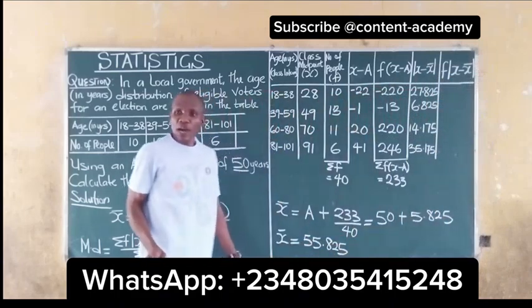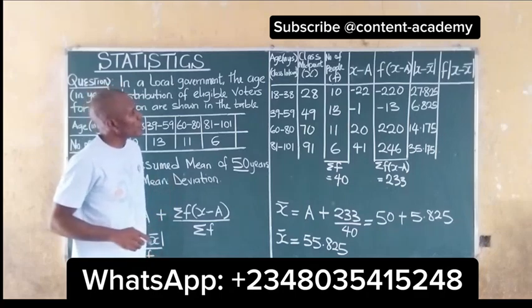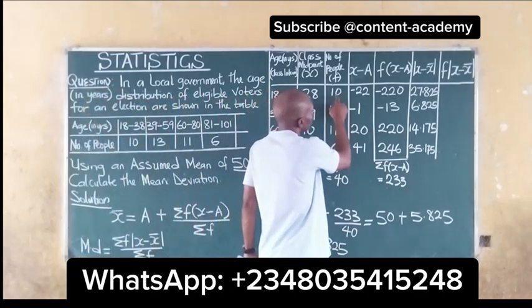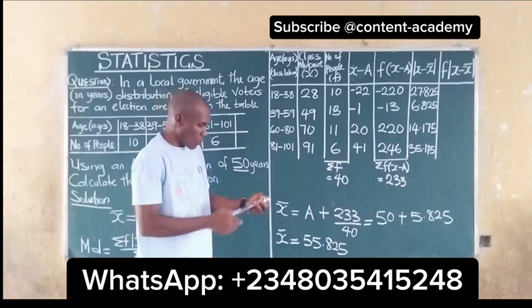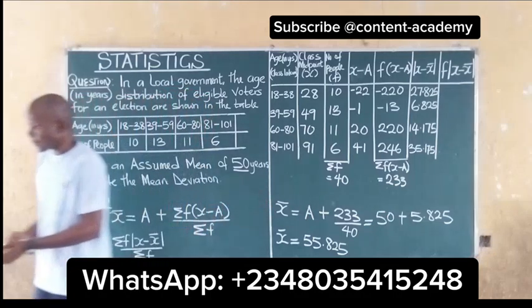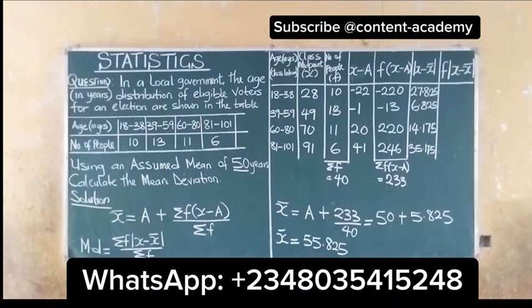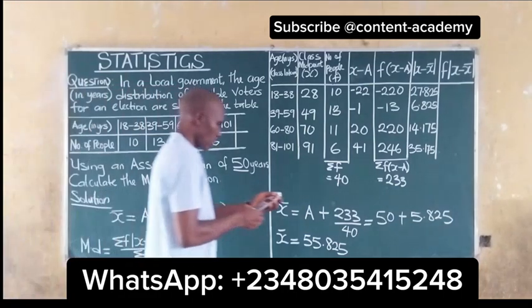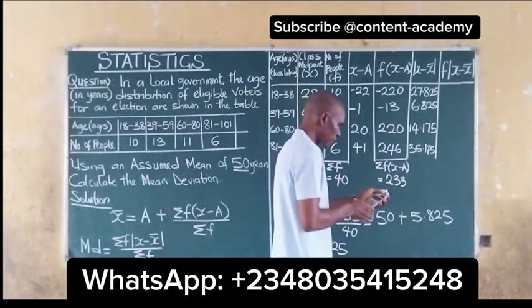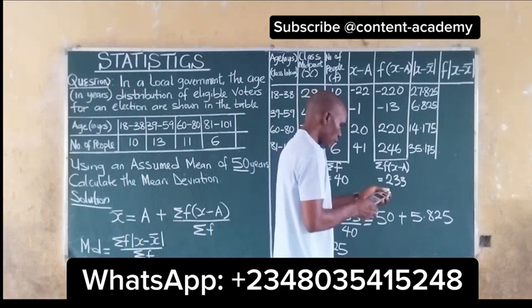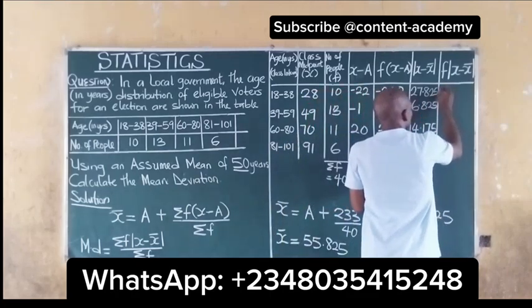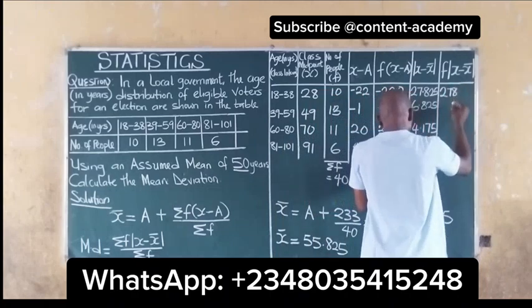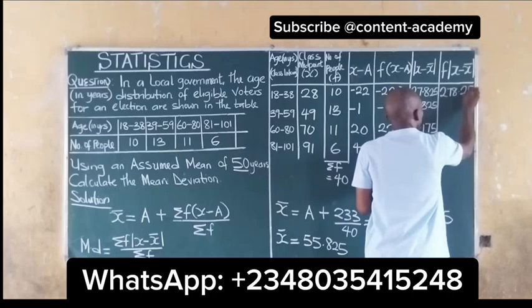So we have individual values of f multiplied by what we have here. The first one is 10 multiplied by 27.825, which is 278.25.